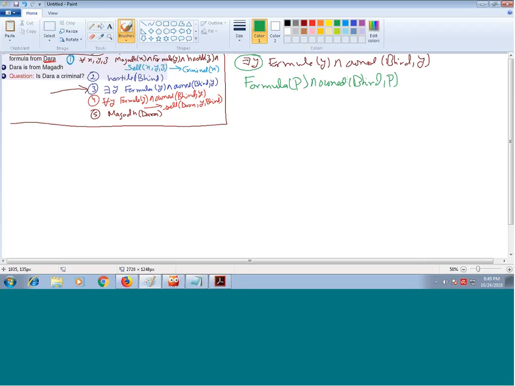And then we have this second thing. Then I'm going to see the next thing: for every formula owned by Bhind implies sale by Dara to Bhind. The existential thing can also be given a new name. If I substitute it by P, what do I get?